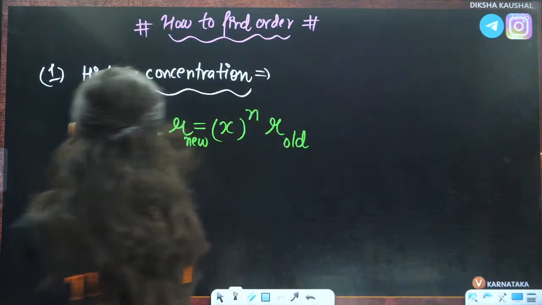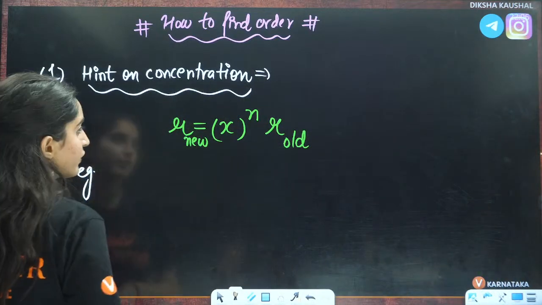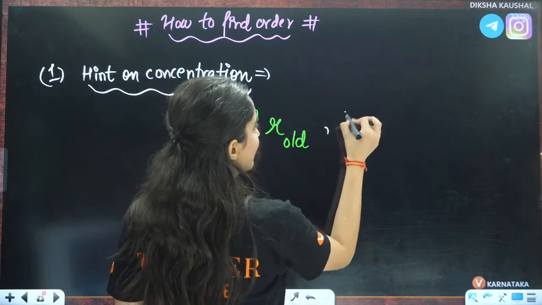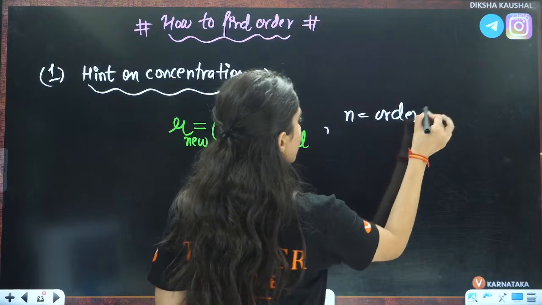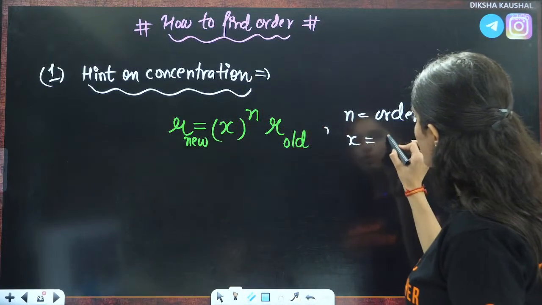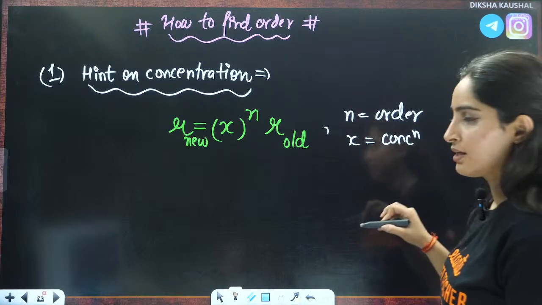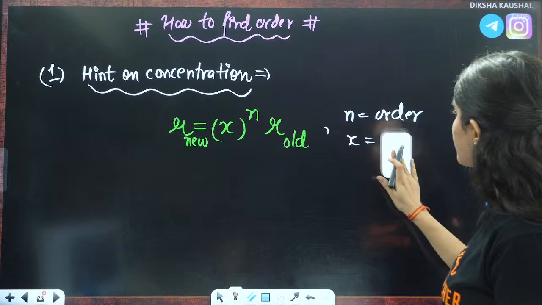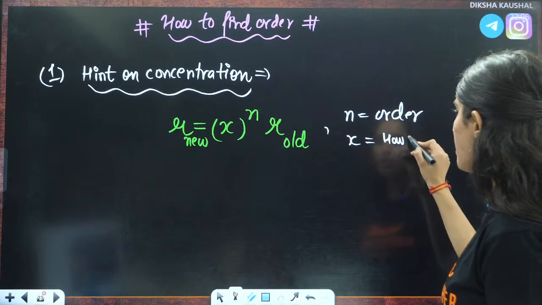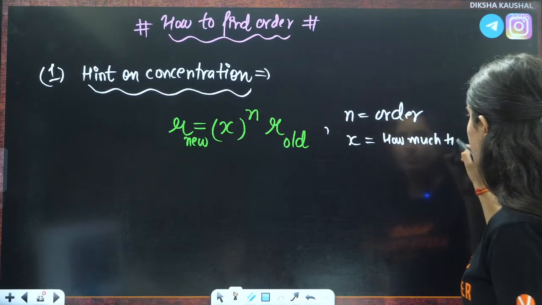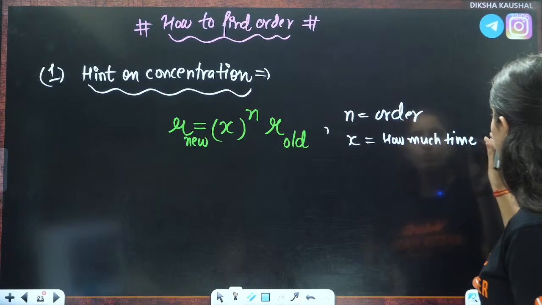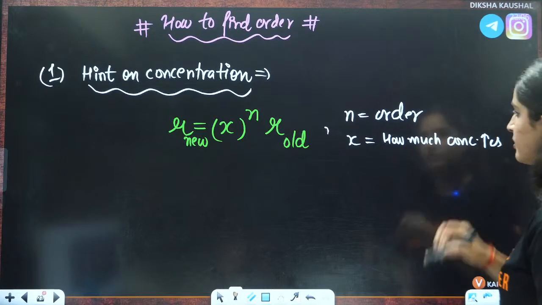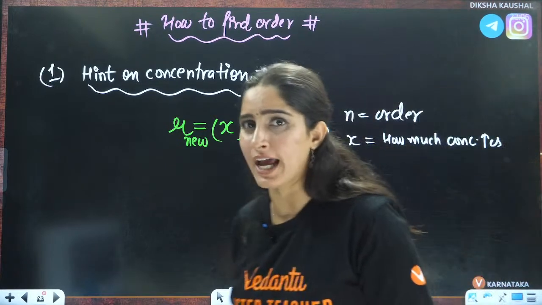One thing to remember here: n is the order, and x is how much the concentration has increased, not time, like 3 times, 4 times, 5 times.